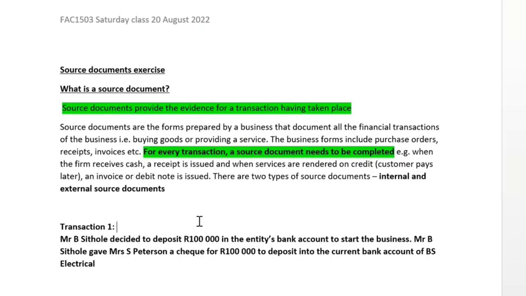Mr. B. Sithole decided to deposit 100,000 in the entity's bank account to start the business. Mr. B. Sithole gave Mrs. S. Peterson a check for 100,000 to deposit into the current bank account of BS Electrical. So who is Mrs. S. Peterson? Mrs. S. Peterson is the bookkeeper of BS Electrical.